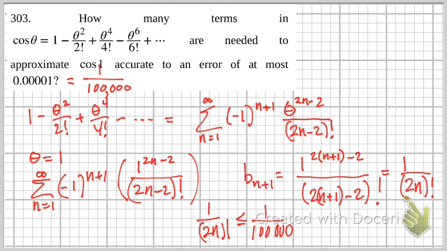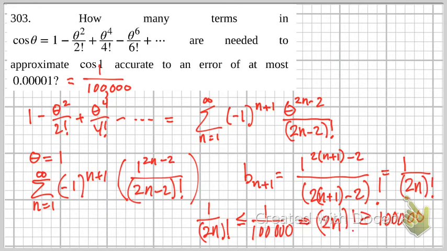So now in doing so, by flipping the denominators, I can say that this is really just saying 2n factorial is greater than or equal to 100,000.